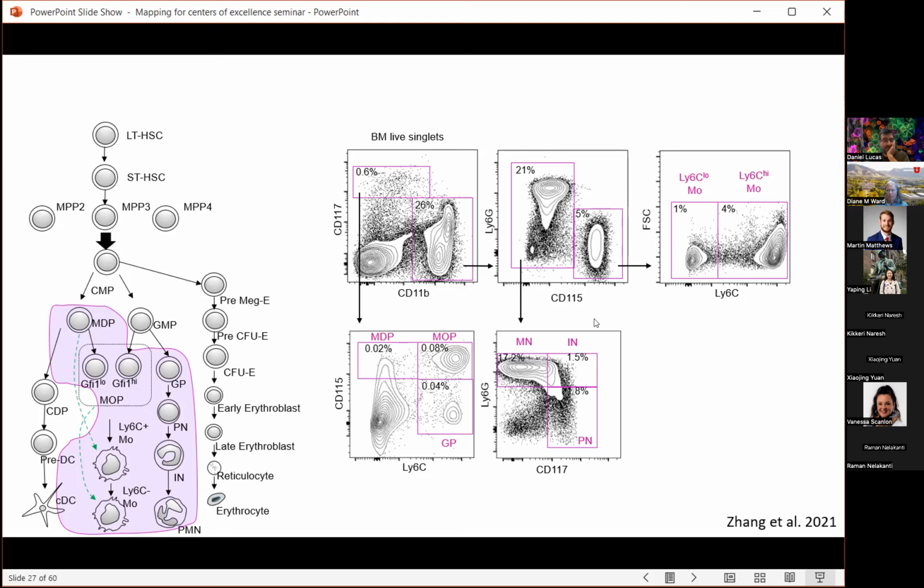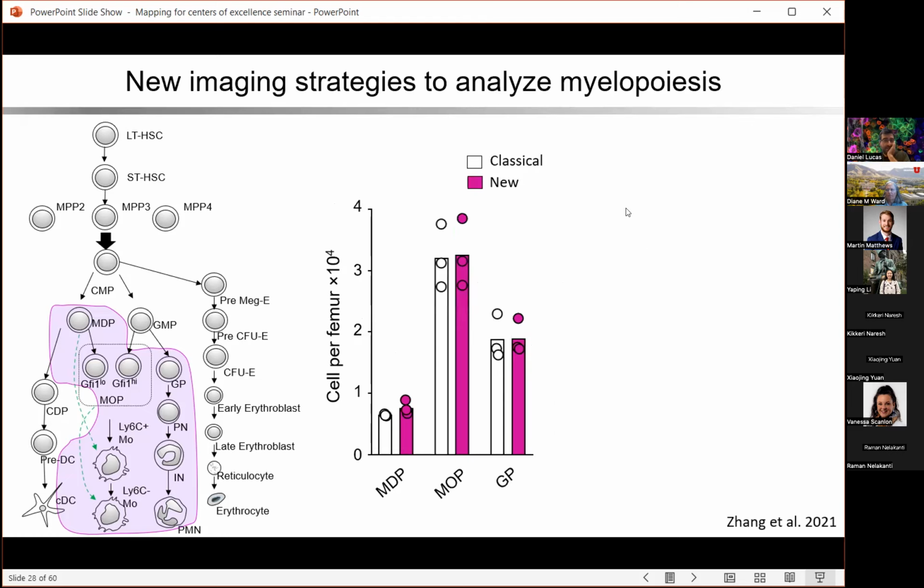Sorry, using confocal microscopy. To validate these stainings, what we do is we compare the frequencies of the cells per femur using the classical approaches or the new approaches.